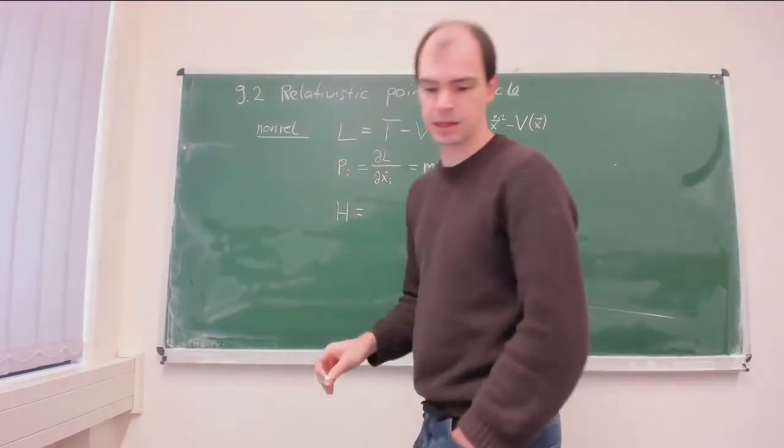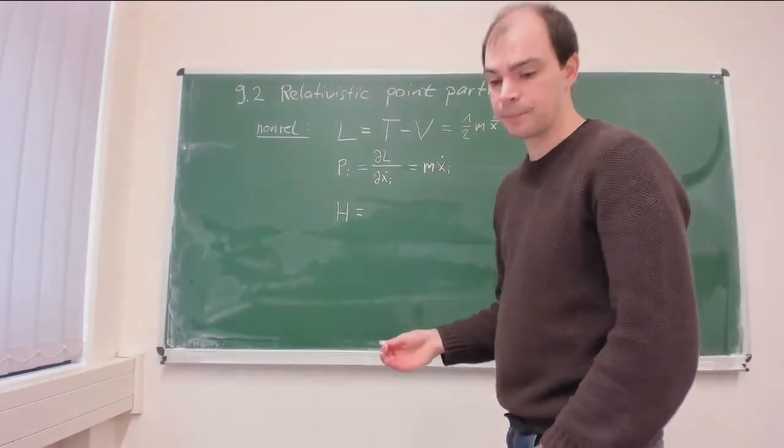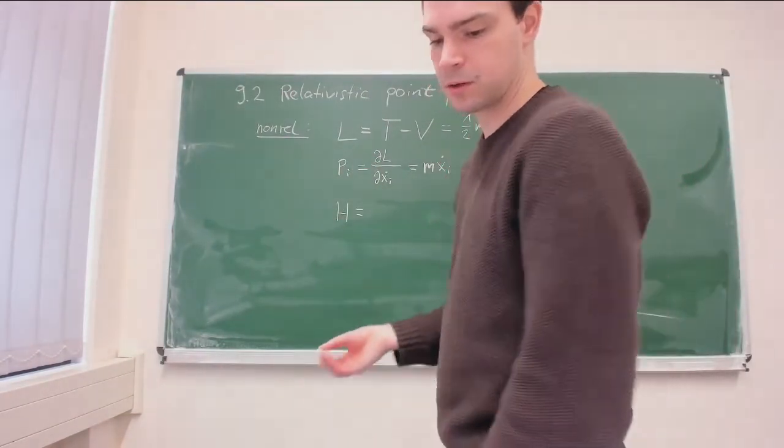The Hamiltonian is obtained from the Lagrange function by a Legendre transformation.